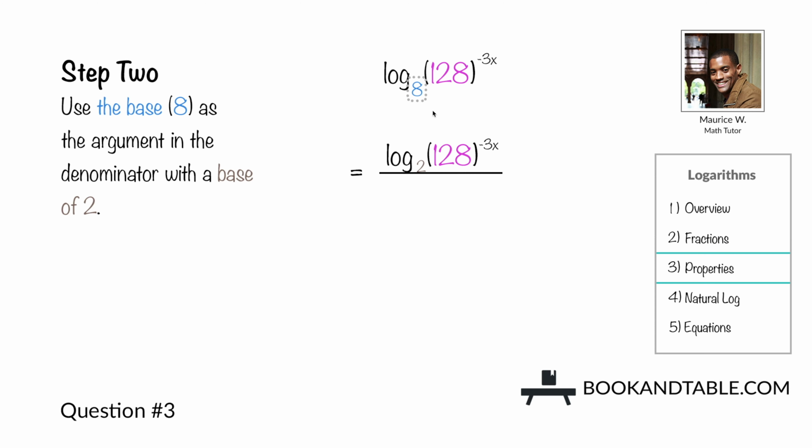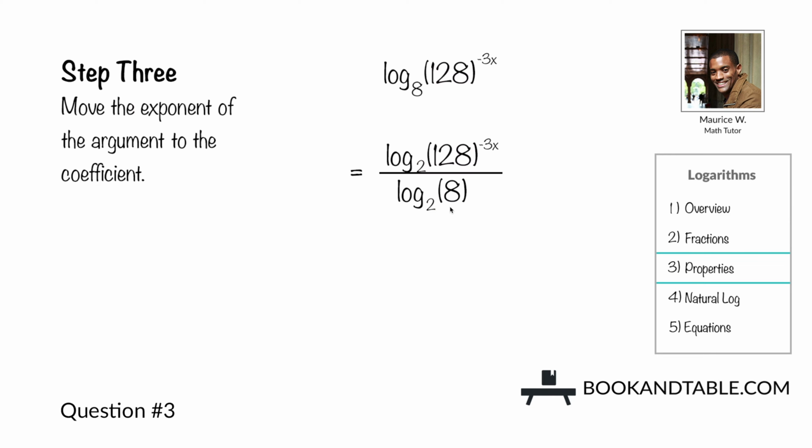Step 2, we want to use the base 8 as the argument in the denominator with a base of 2. So we have a log base 2 of 8 in the denominator. And now we want to move this exponent, negative 3x, to the coefficient here using the power rule. So we wind up with negative 3x times log base 2 of 128 in the numerator.